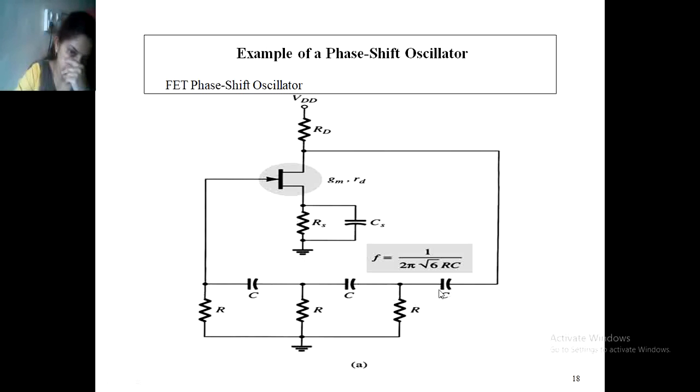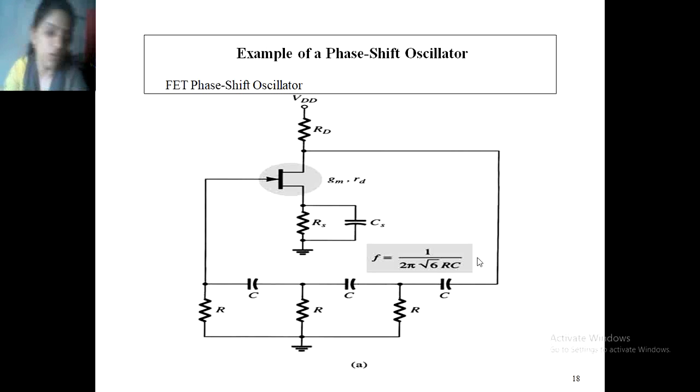Here is the RC network, second and third sections. Here a bypass capacitor is used across the source terminal. This is the transconductance of the FET, and this is the frequency response of the oscillator.